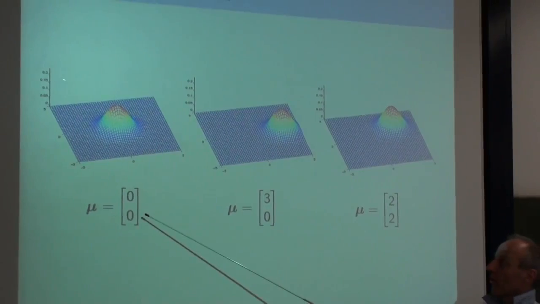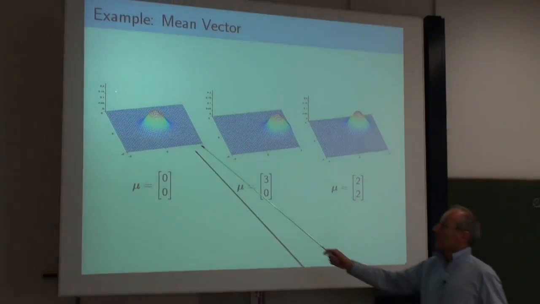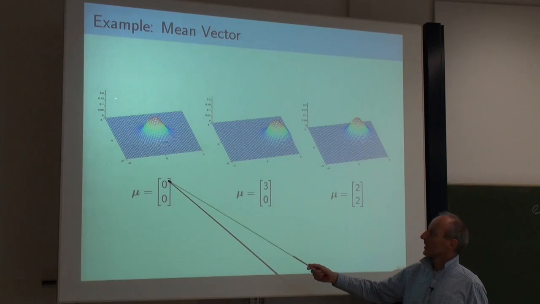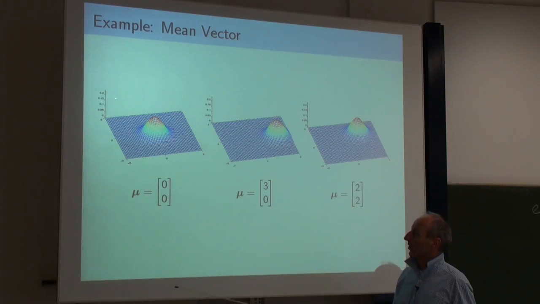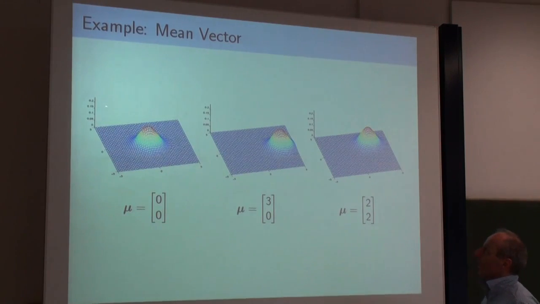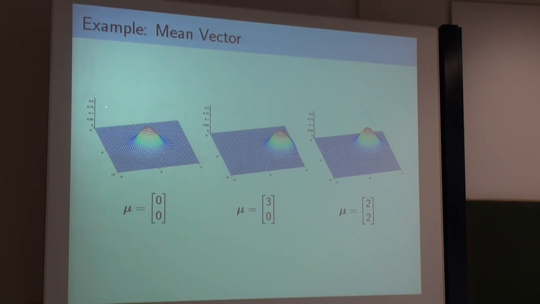Okay, now let's look at these images. Here, in 2 dimensions, this is a normal distribution with the expected value in the origin. In these pictures, we assume a diagonal covariance matrix with variances equal to 1 in each direction. Now you see it's shifted to the right in x direction.